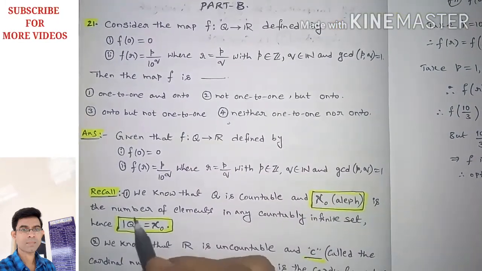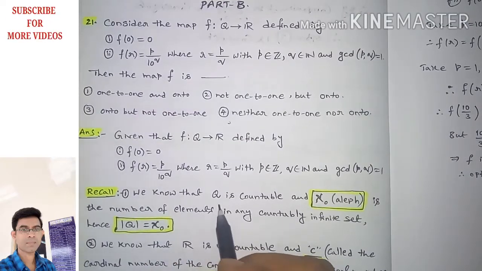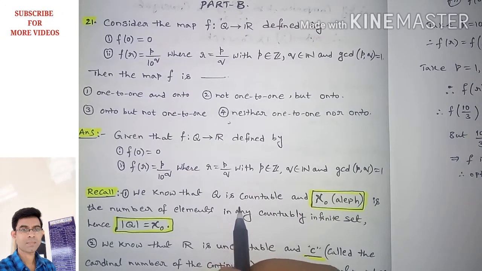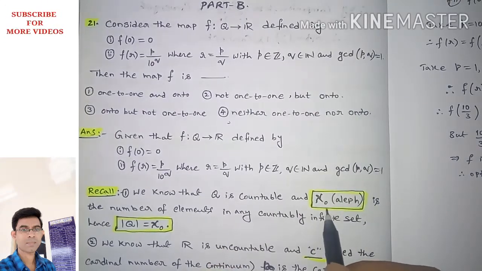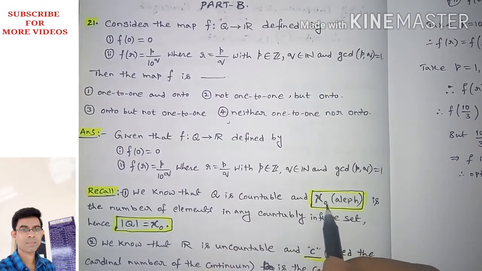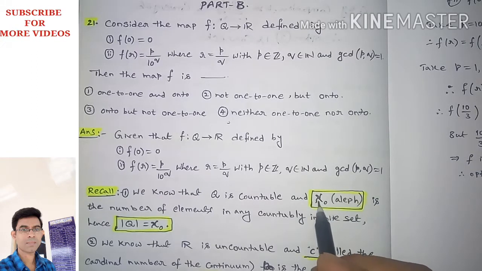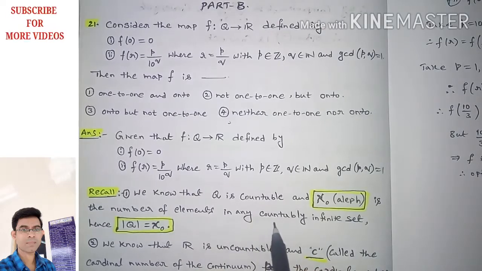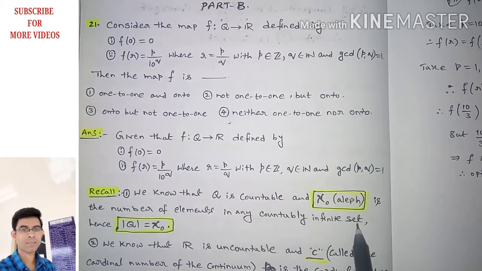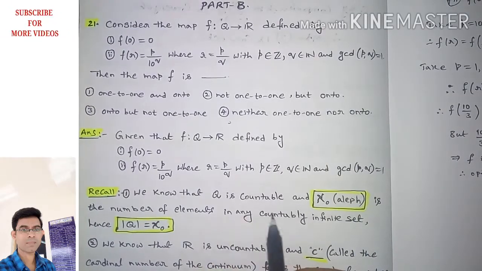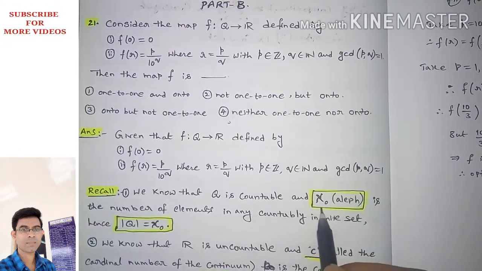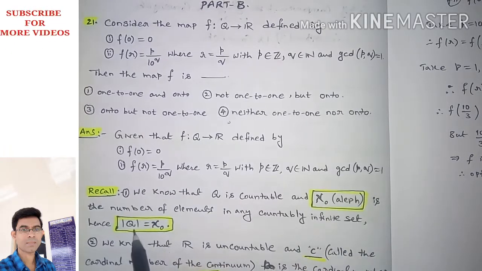So here first we know that Q is a countable set, meaning the set of all rational numbers is a countable set, and aleph not, the symbol is aleph with subscript 0, so treat it as aleph not, is the number of elements in any countably infinite set. Because here Q is a countably infinite set, the cardinality of Q is denoted by aleph not, hence cardinality of Q is equal to aleph not.